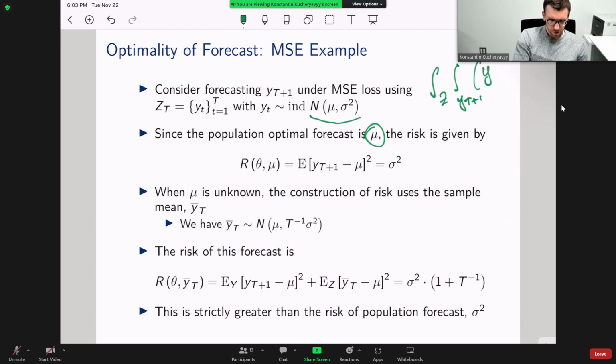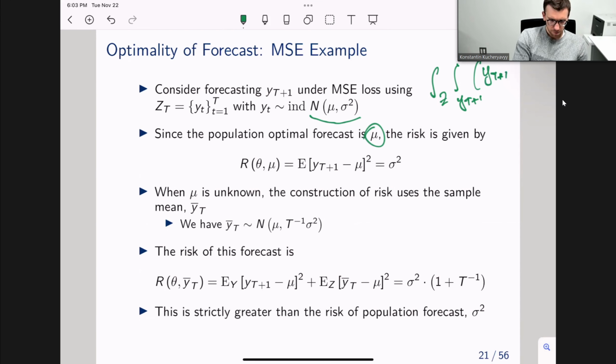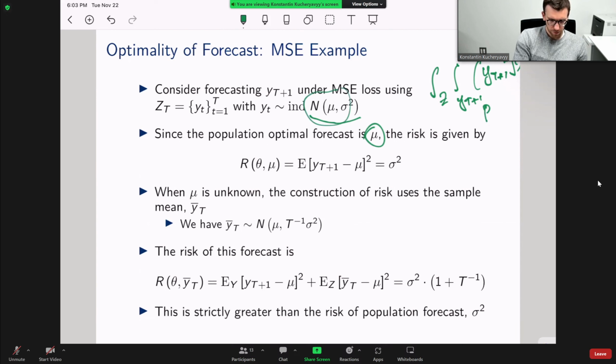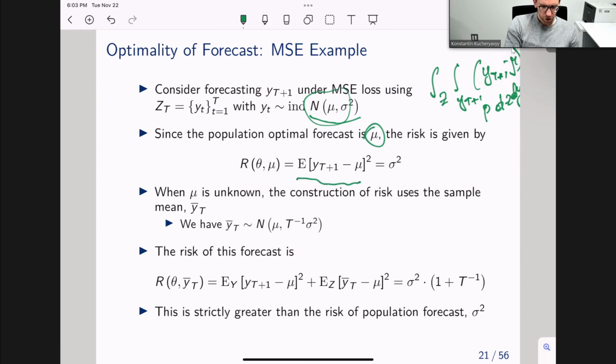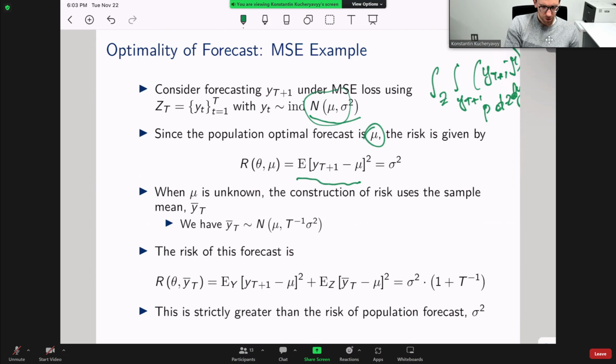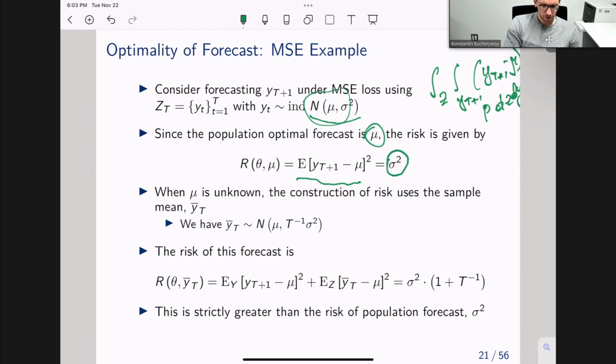It would be the integral of (y_{T+1} minus mu) squared times the data generating process, which we know is normal, dz dy_{T+1}. So this will be our risk, which is, just by the definition of the variance of y, sigma squared.